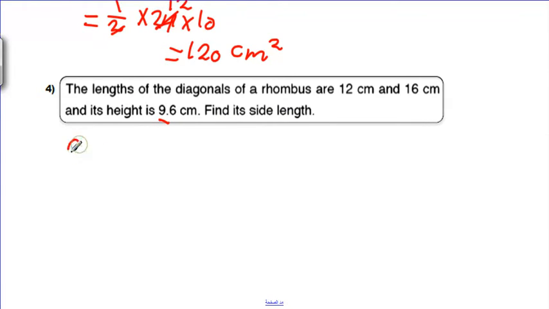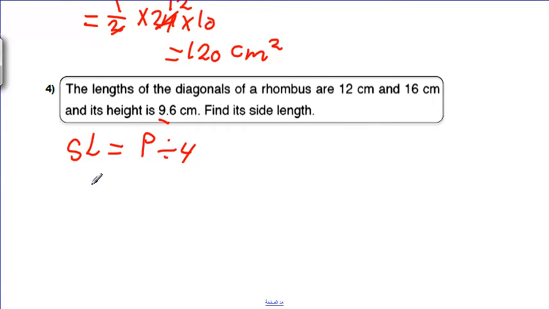I know that the side length equals perimeter divided by 4, but I don't have the perimeter. He gave me the height, 9.6.